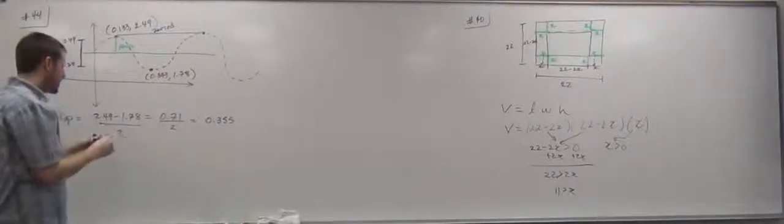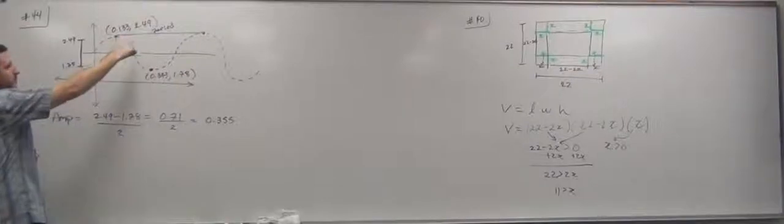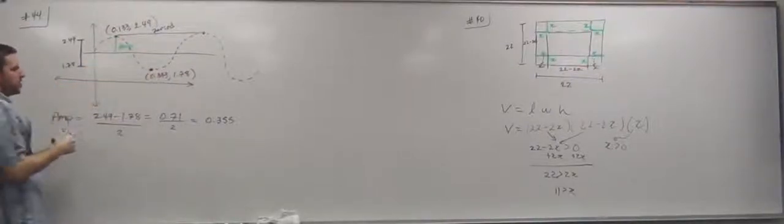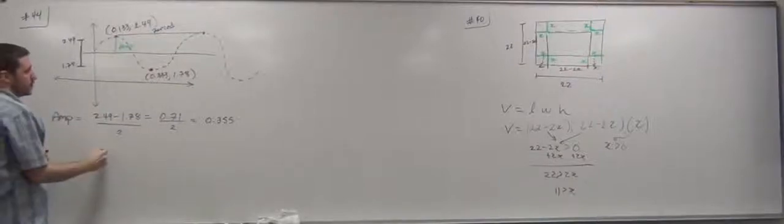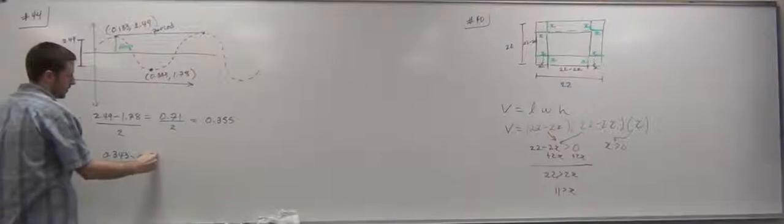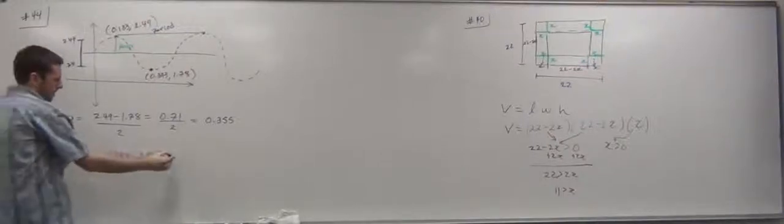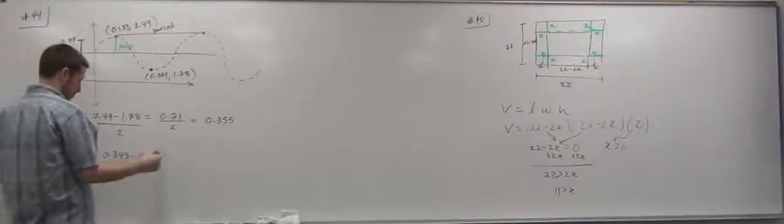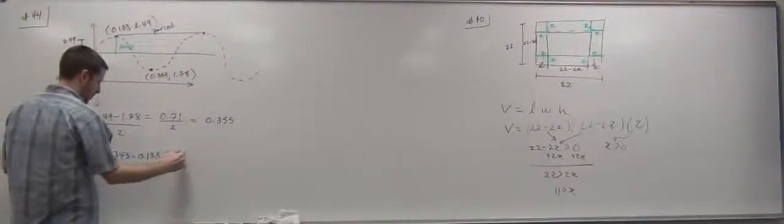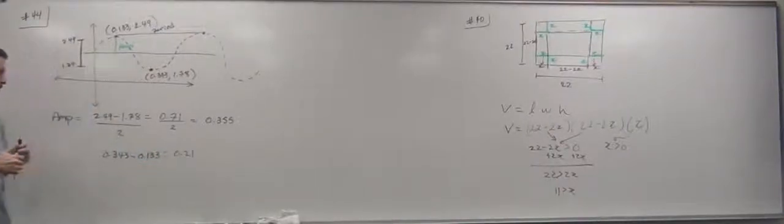So you can do a similar kind of calculation. Take this x value minus this x value. So do 0.343 minus 0.133. But that's not the period, right?